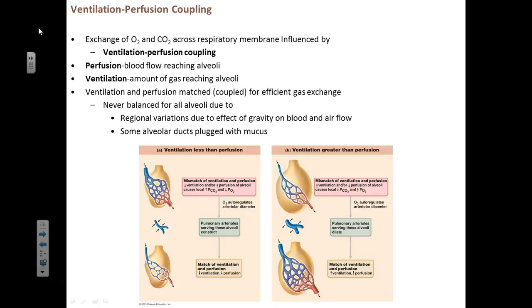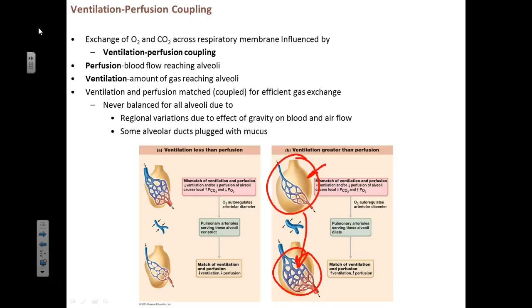So here's the example. You have increased ventilation right here. You see how big the alveolus is? A lot of oxygen. So blood vessels will immediately dilate. Blood vessels that lead to terminal arterioles will dilate, increasing blood supply to that region.